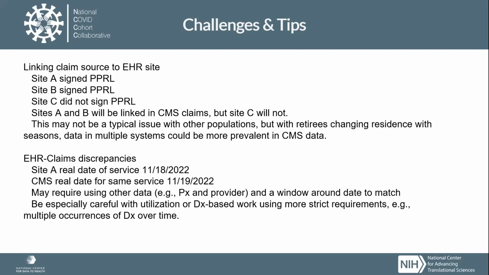sometimes to match exactly a person and a date from a claim to that person and that date in the EHR. So we have to do other things. We have to bring in other information, like look at the procedure and the provider, and also allow for a window around the date.